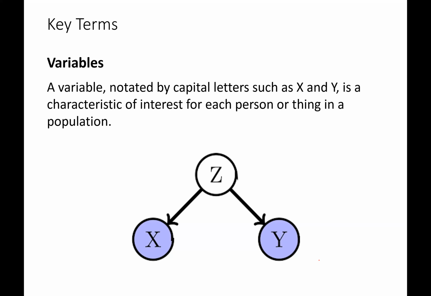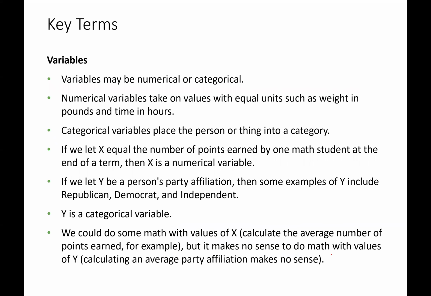Okay? Variables may be numerical or categorical. Numerical variables take on values with equal units such as weight in pounds or time in hours. Categorical variables place the person or thing into a category.